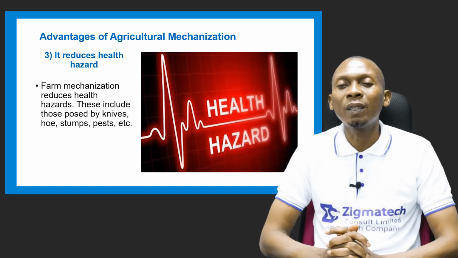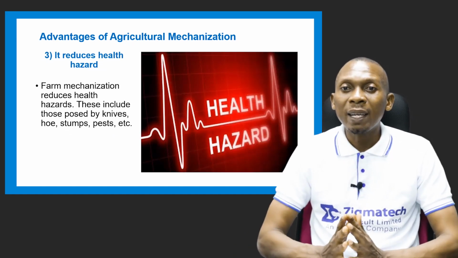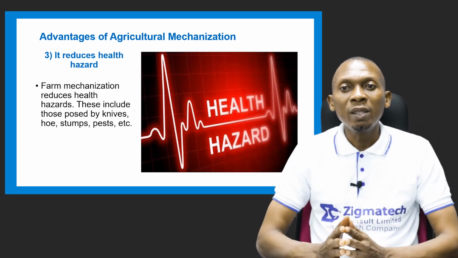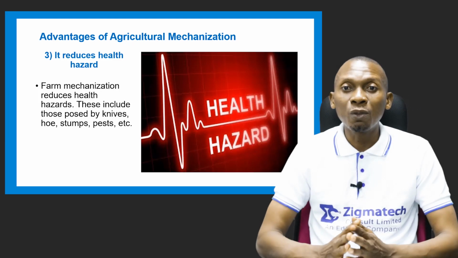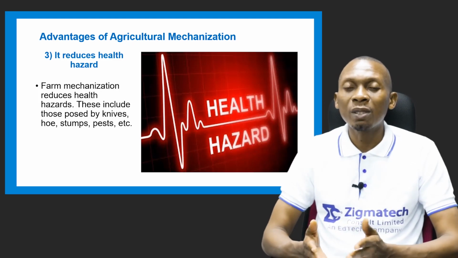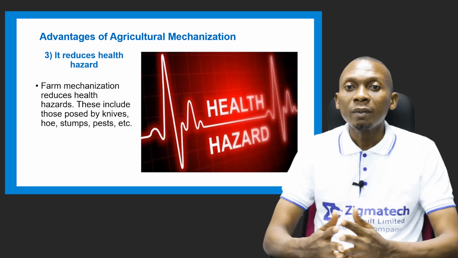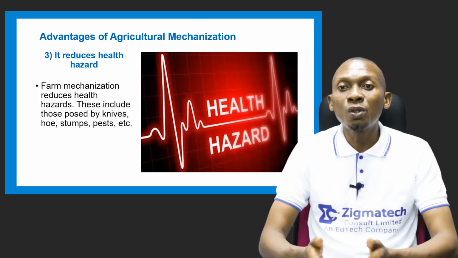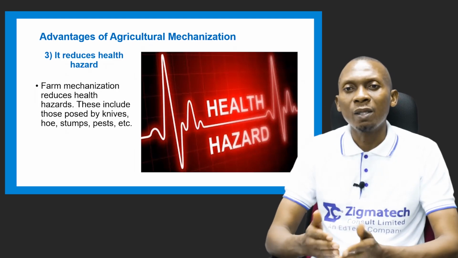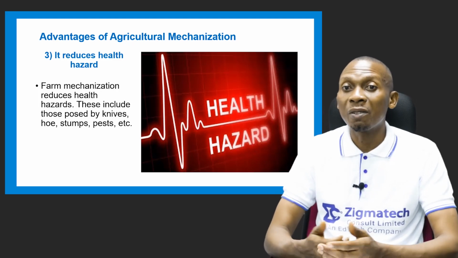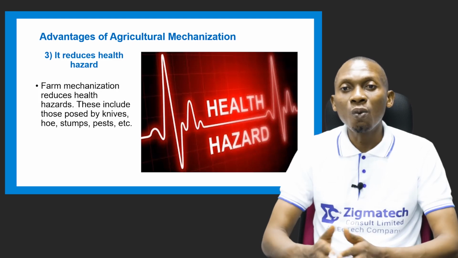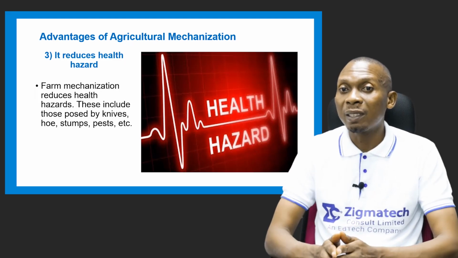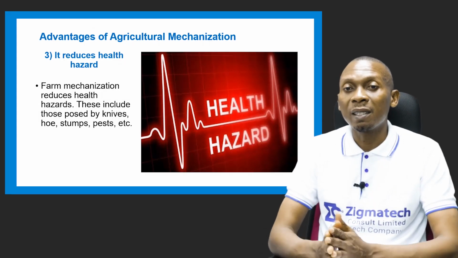It reduces health hazards. Through mechanization, health hazards are reduced because when things are done manually, yes, with simple farm tools like the knives, the hoes, and stumps, you find out that the laborers or the farmer may be exposed to harm in the course of using such simple farm tools like the rake or the knives and the hoe, and may also be exposed to pests and disease because of direct contact with our crops or diseased crops.